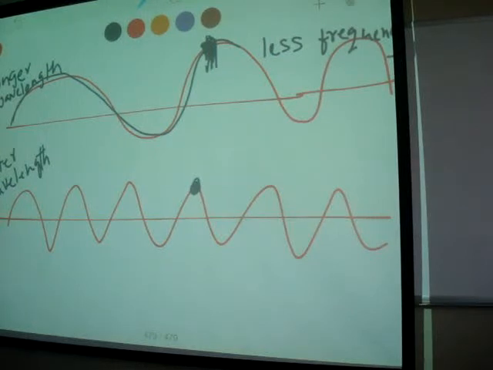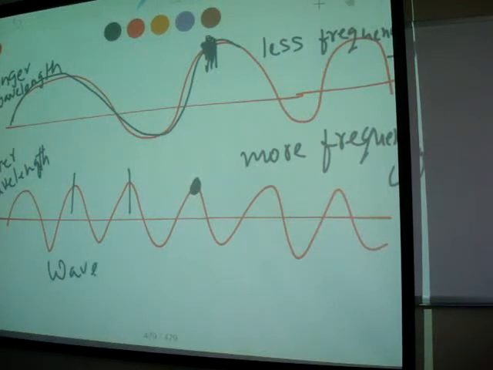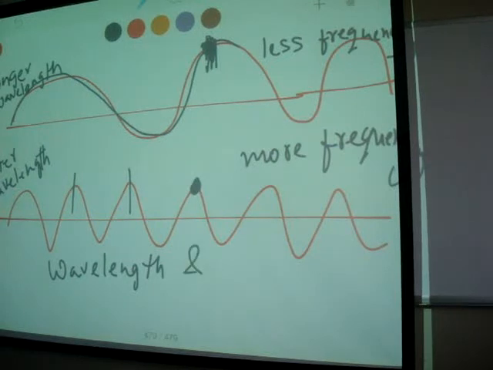But if we have a shorter wavelength, at this point, in 1 second, how many passed? It passed through more, right? Because of the shorter wavelength, so it's a higher frequency. Right? So, wavelength and frequency, they are in an inverse relationship.